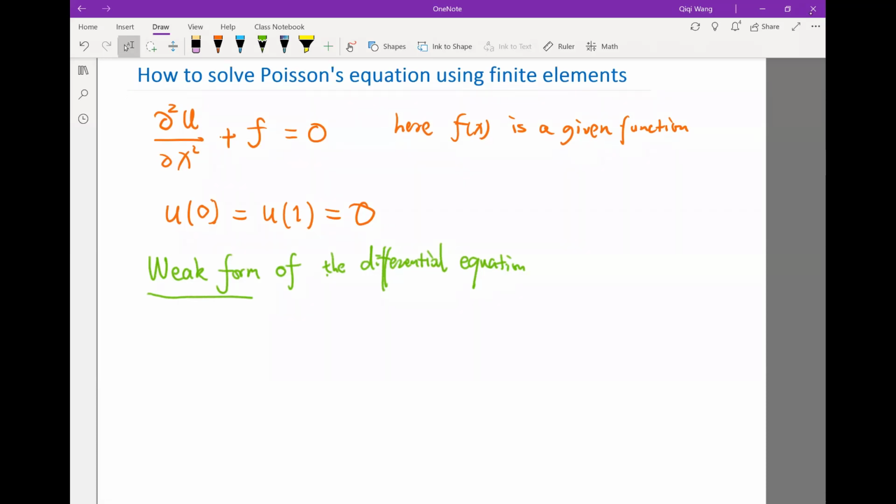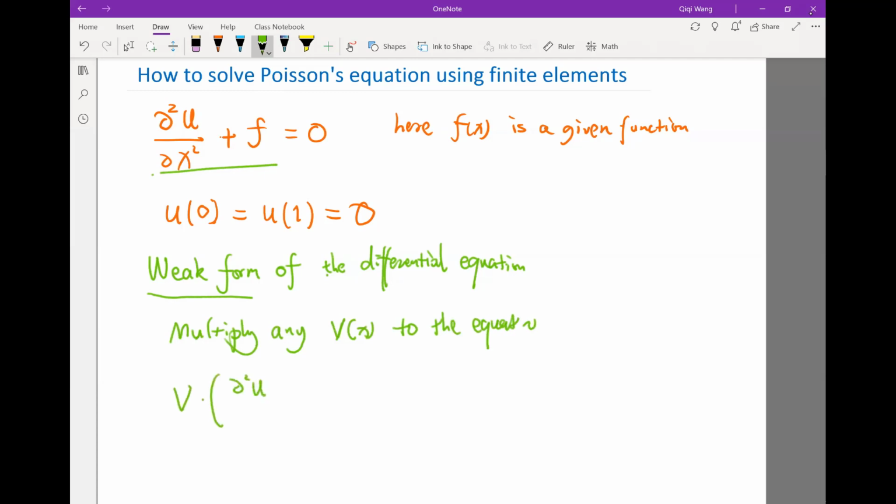Because we know this equation is equal to 0, if we multiply any function v of x to the equation, that turns the equation into v times the second derivative of u plus f, right?